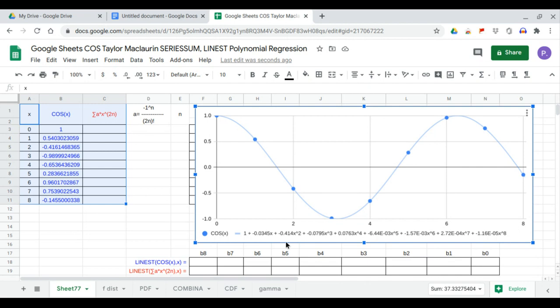We will calculate these regression coefficients of the polynomial regression using LINEST.